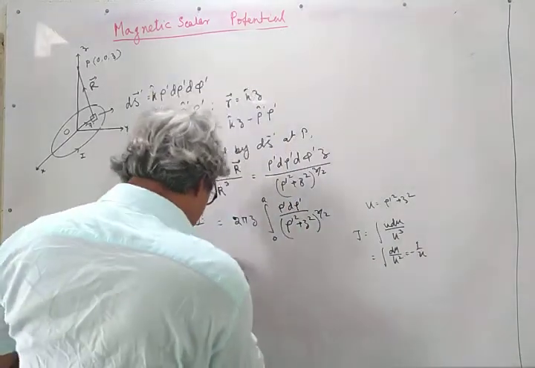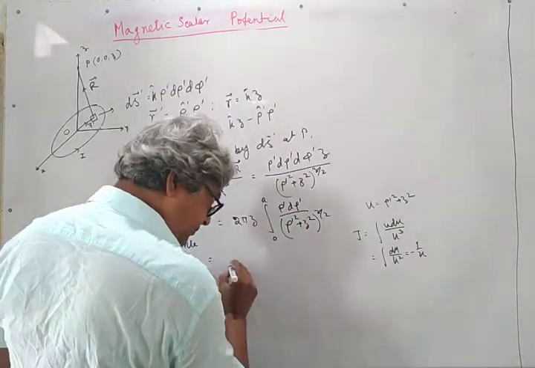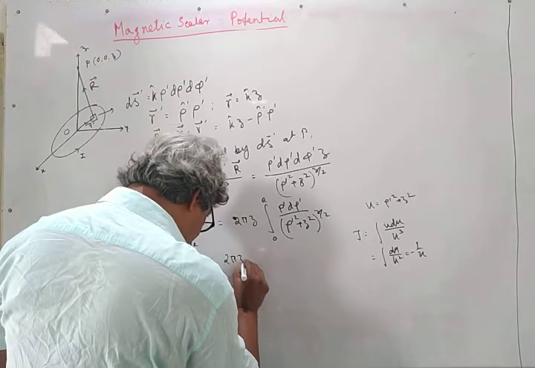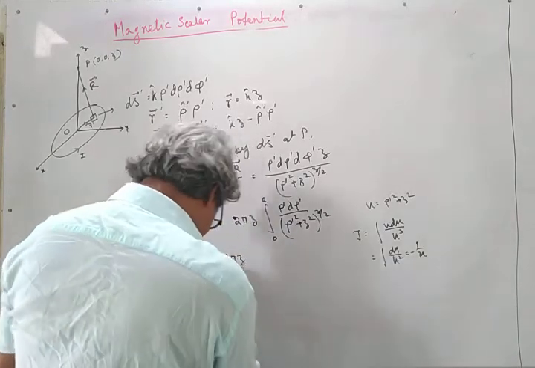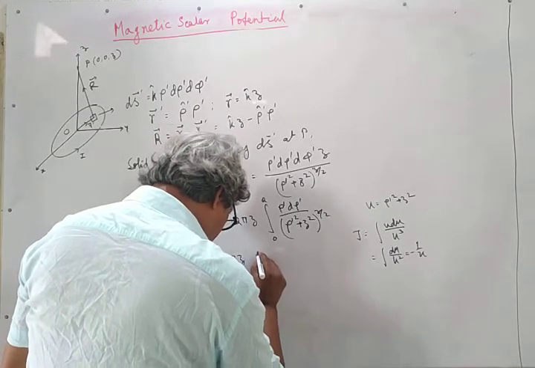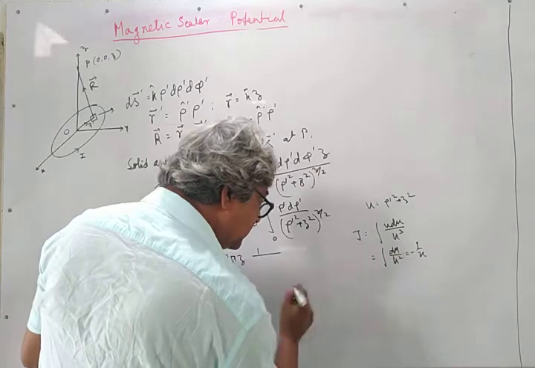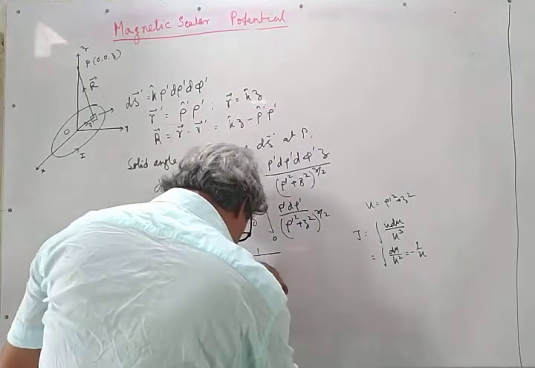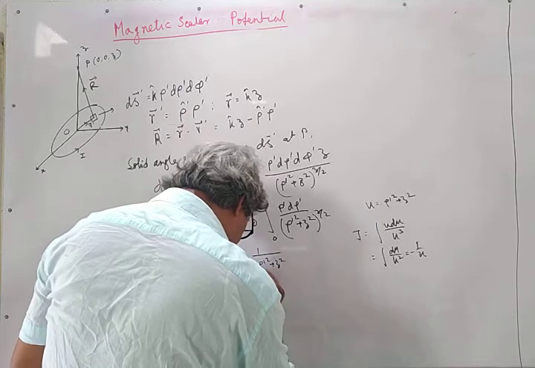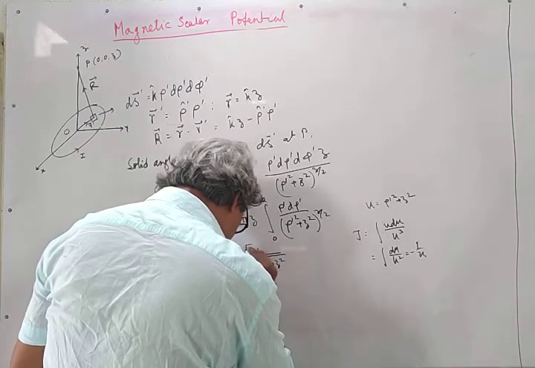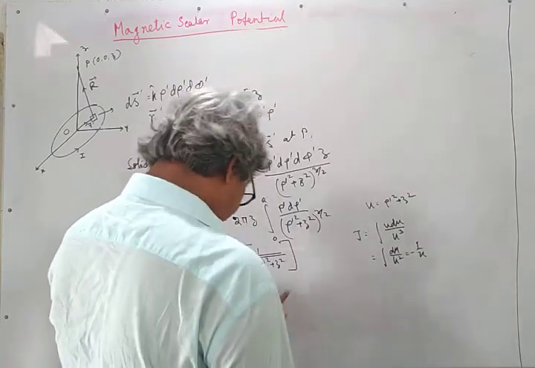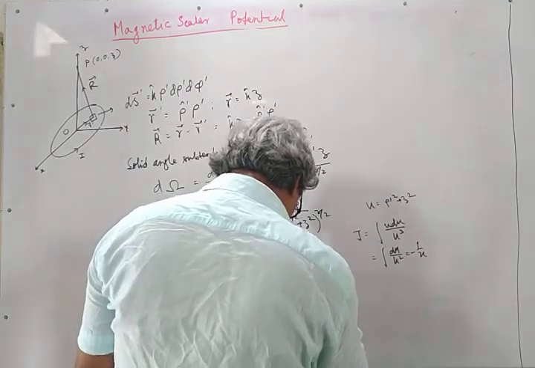That is, the result is 2 pi z with this minus sign, 1 upon u, which is rho prime square plus z square, within limits 0 to a.